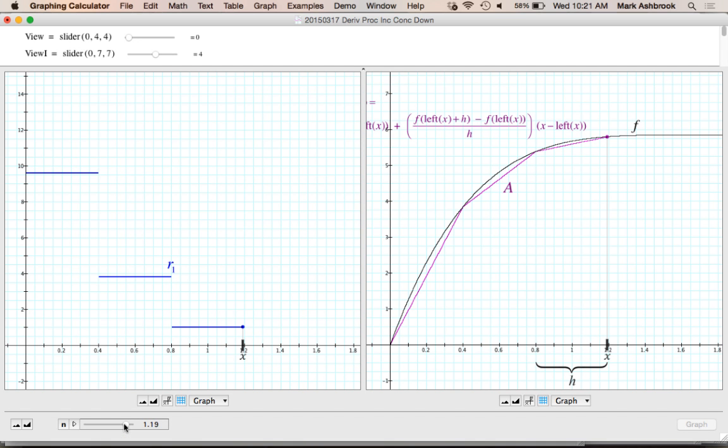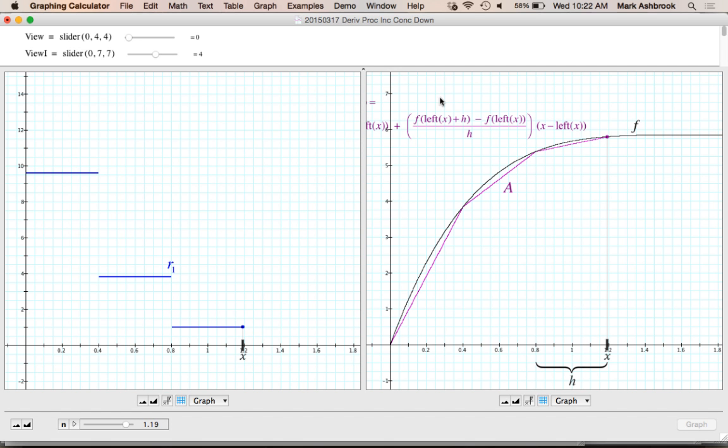Okay, what is the rule for r? I want to write a rule that gives me that whole function there. Who's on top of this? Yeah, f of x plus h minus f of x, over h. Why is that it?